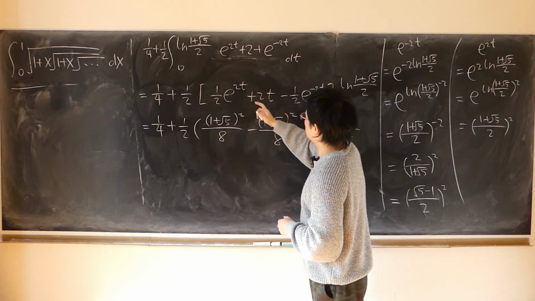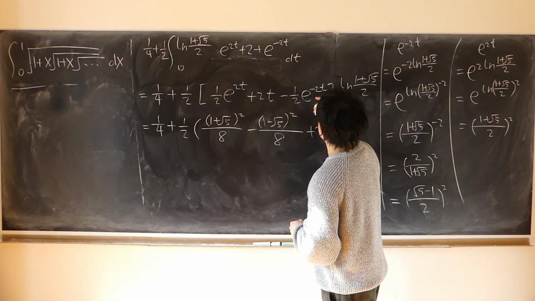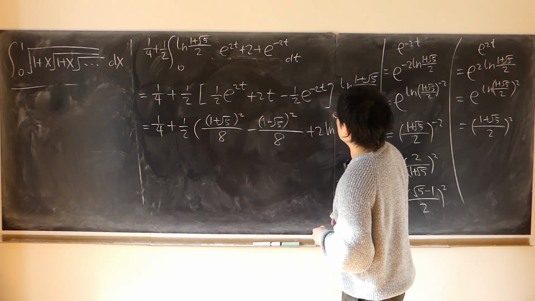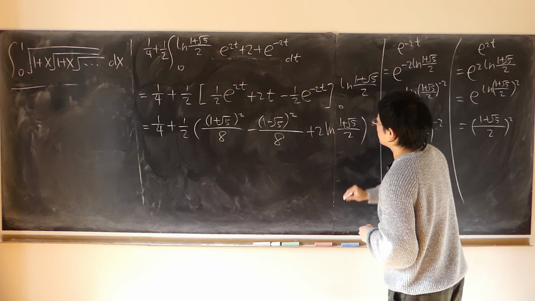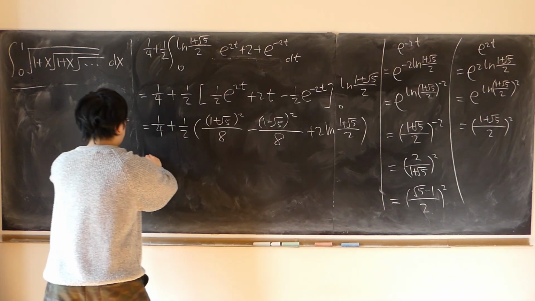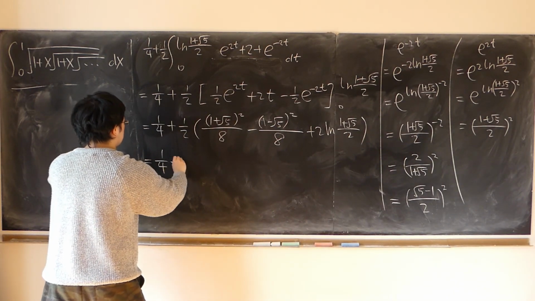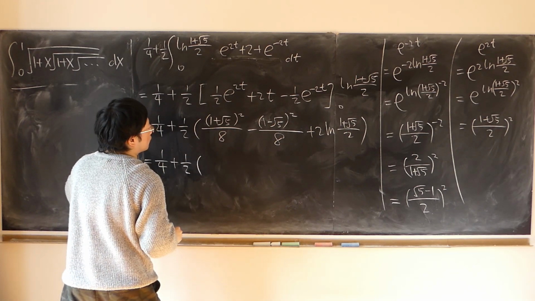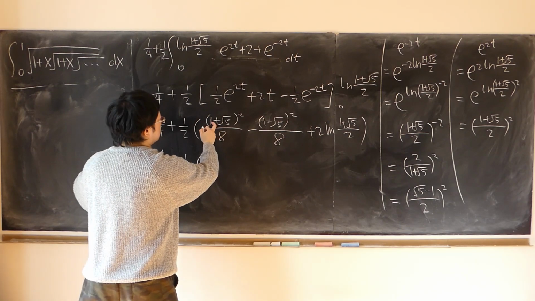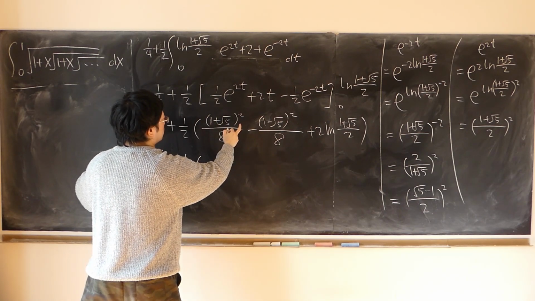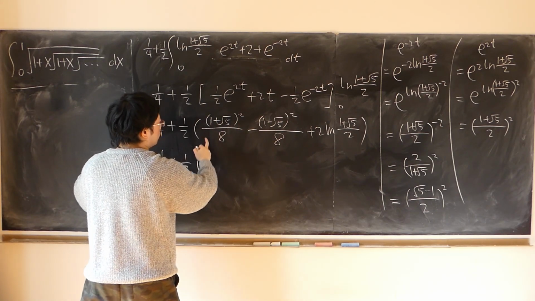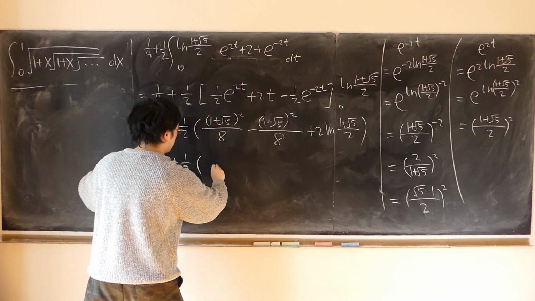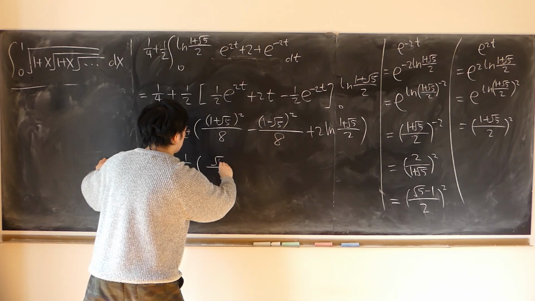The 0 goes into here, here, here. 0, half, minus half, nothing. So this is just what? I believe 4 times square root of 5 on the top over 8, so half of square root of 5.